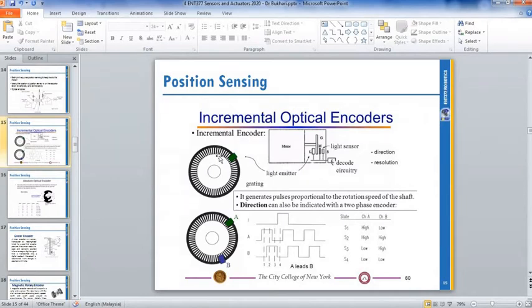A more expensive encoder can make very small slots, maybe more than 1,000 or more than 3,600. So you will get a very small resolution, maybe 0.01 degree or 0.1 degree. So you get higher accuracy that you can control.